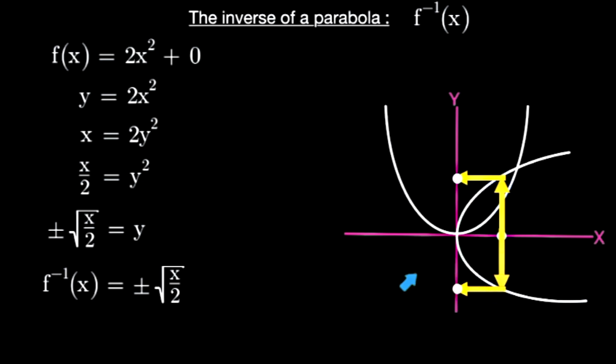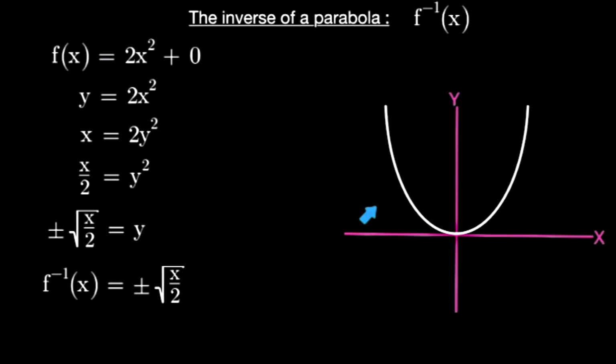So what's going to happen is that when we draw the original function, they are going to put a restriction on it. You're only going to draw the original for one of these legs, so either this one or this one, and then the inverse will also only have one leg, either this one or this one. Now let's go and see how that works.